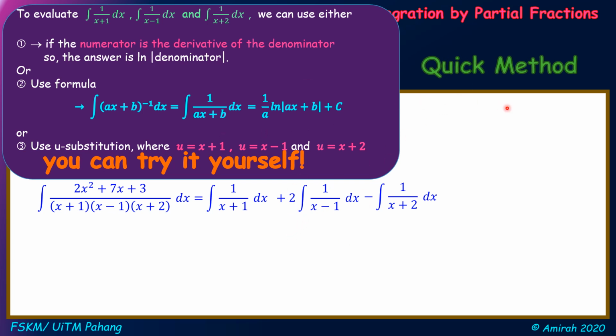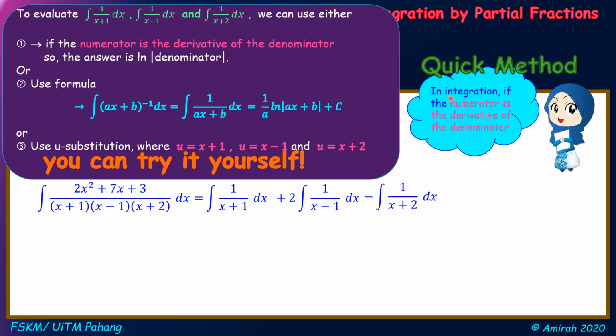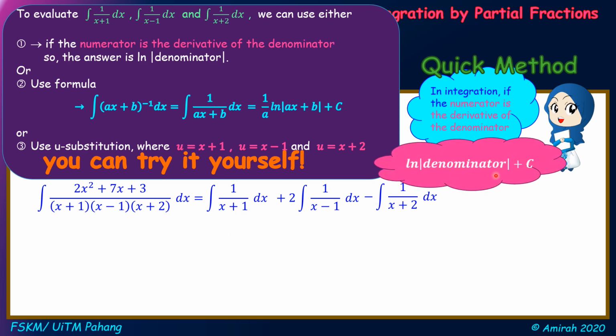Let's say in this video we use the quick method, method 1. When we use the quick method, if the numerator is a derivative of the denominator, it means that when we differentiate the denominator x plus 1, we get 1. When we differentiate x minus 1, we get 1. When we differentiate x plus 2, we get 1 here. So all the numerators are the derivative of the denominator. So the answer is ln denominator.